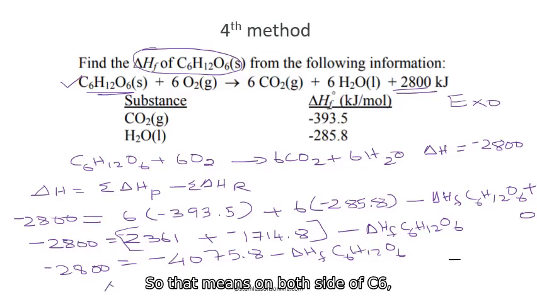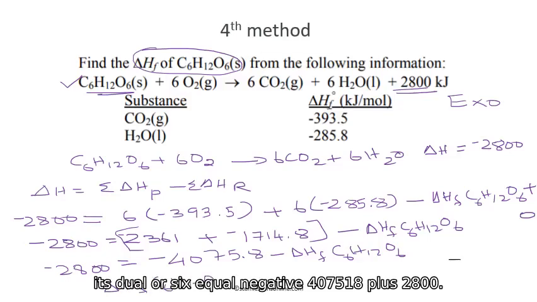So on both sides, delta HF of C6H12O6 equals negative 4075.8 plus 2800.